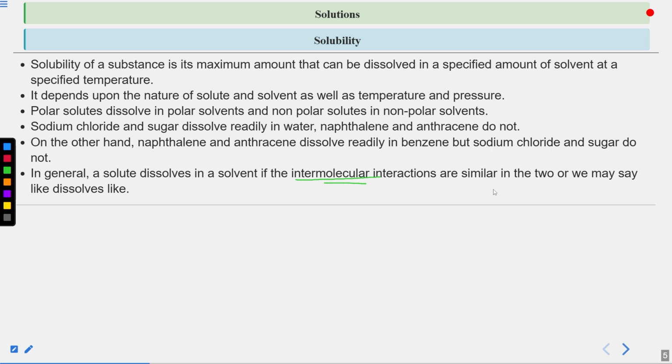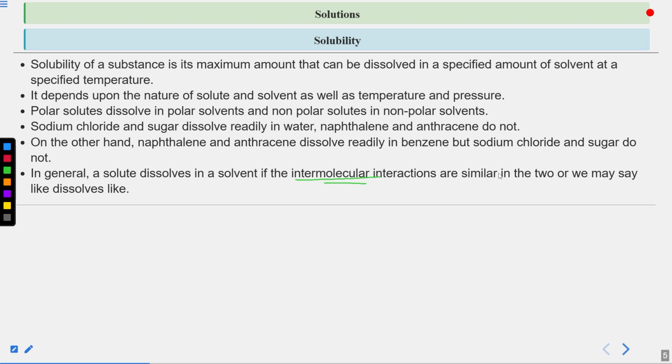If I ask you why, suppose the solute is polar and the interaction there is dipole-dipole, and the solvent is polar and the interaction is also polar-polar. Now, if you dissolve both of them, to keep them together there should be a polar-polar interaction in both of them, or else they won't be soluble.